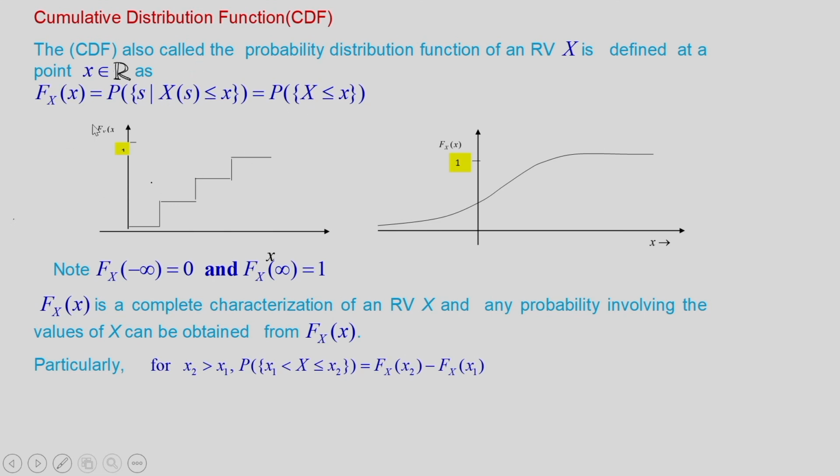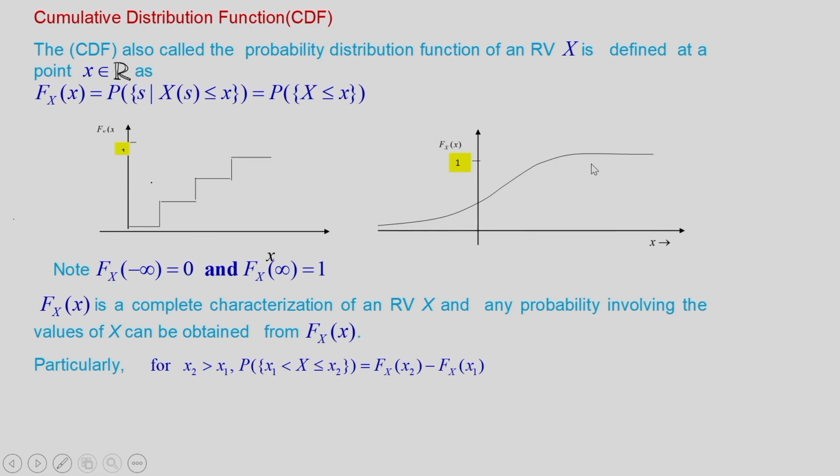This is the CDF. Since it is a cumulative probability, if we plot it, if the sample space is finite, then we may have this type of CDF, a staircase type of function, which has maximum value 1 and minimum value is always 0.